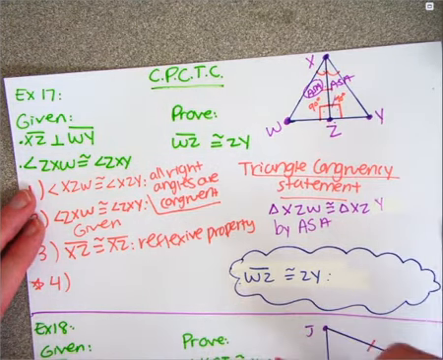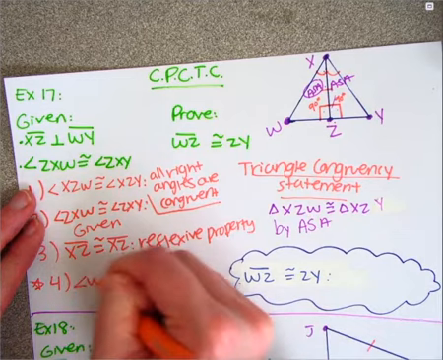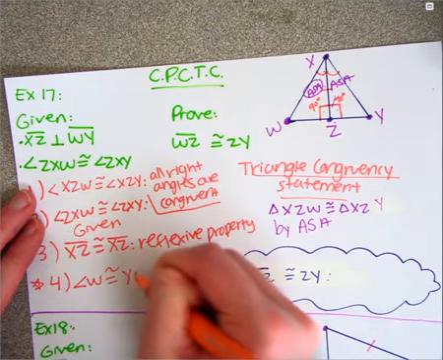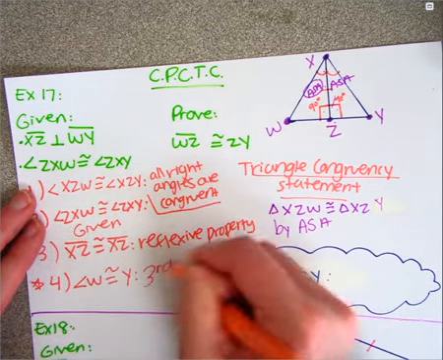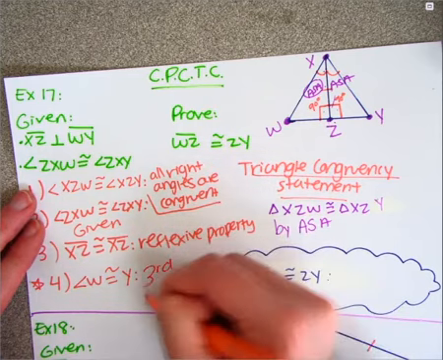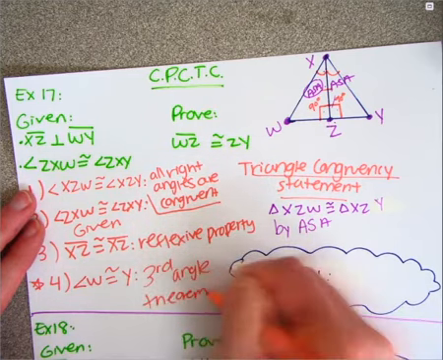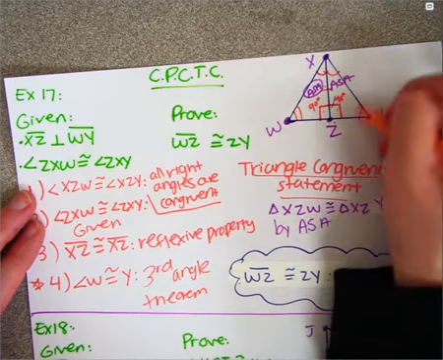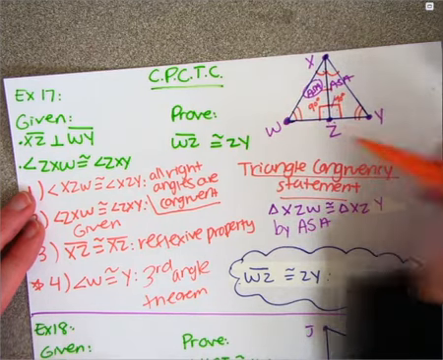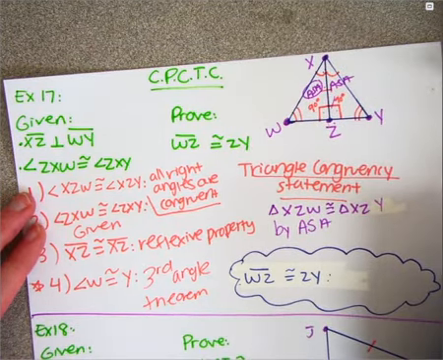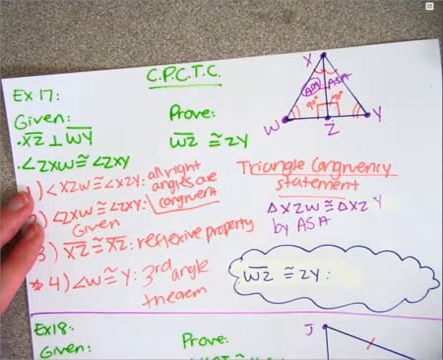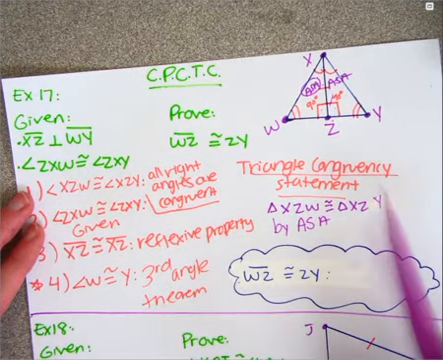That's correct, you guys. I can say angle W is congruent to angle Y because of the third angle theorem. Since I know two angles are congruent, the final angles are congruent by the third angle theorem. Bam. Okay, so I also know my triangles are now congruent.